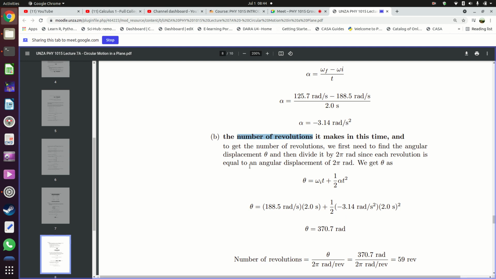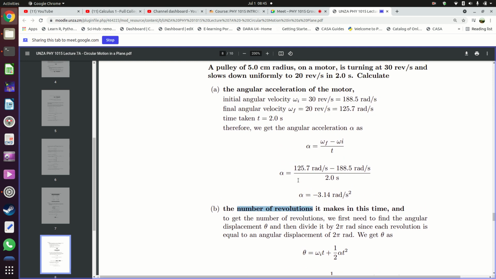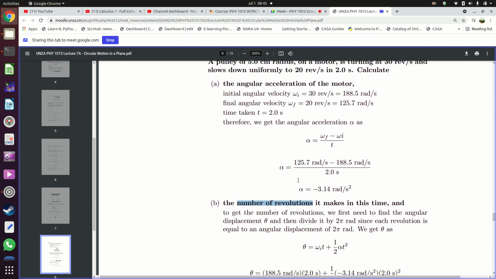So in that case, now that we know what the acceleration is, we can work out what the angular displacement is. But I think you can use a different method.